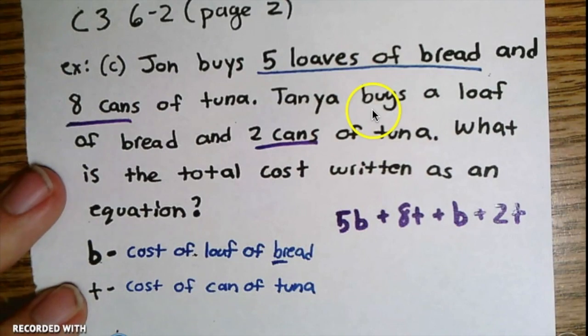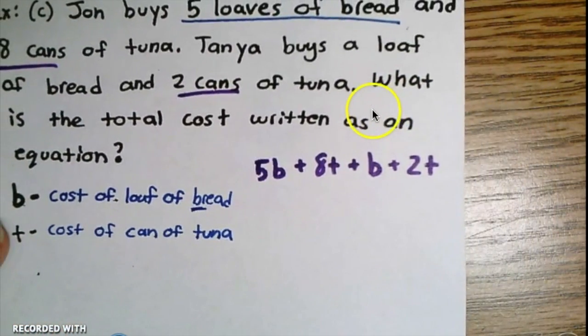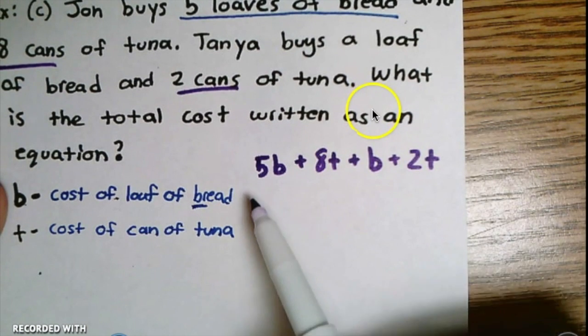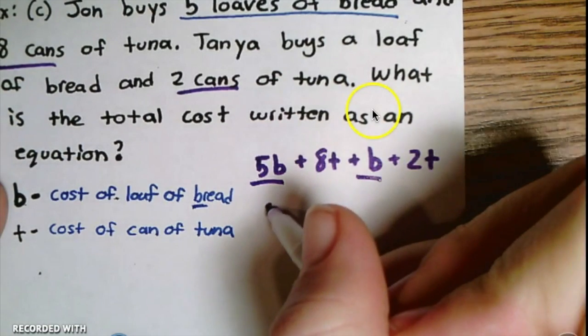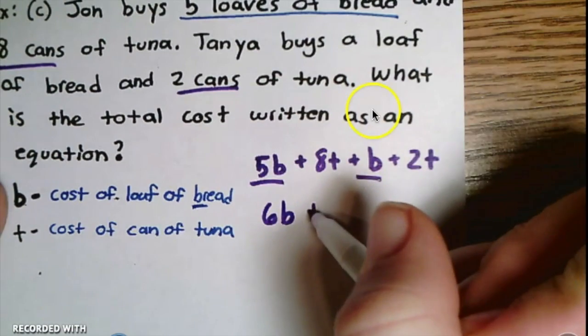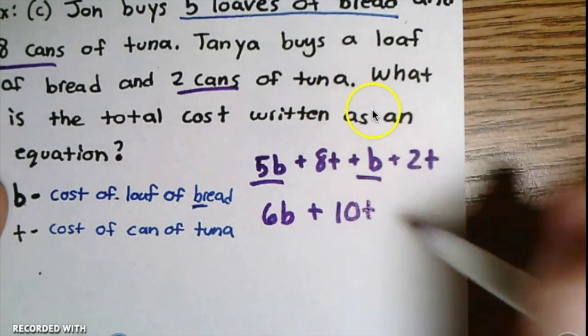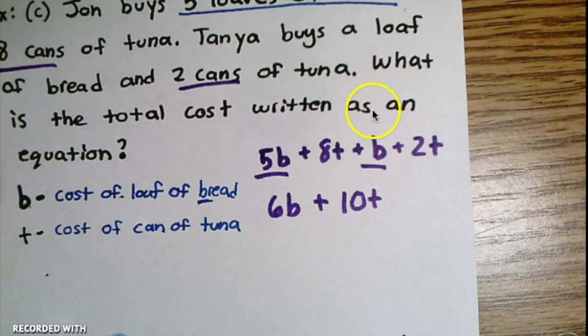What is the total cost? So now we have this equation that we started to write, and now we just need to simplify it. And remember, I can add things that have like terms. So 5B and B have like terms. That's going to be 6B plus 8 and 2, 10T. So our finalized expression would be written as 6B plus 10T.